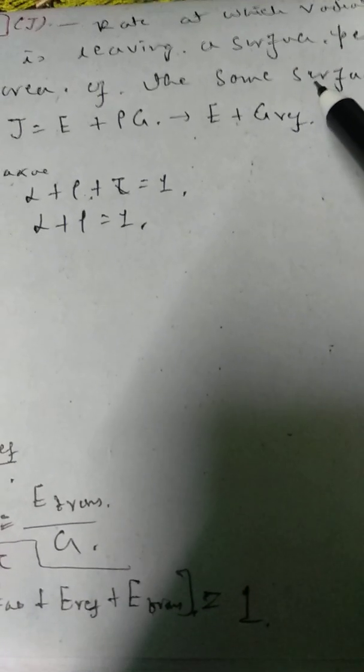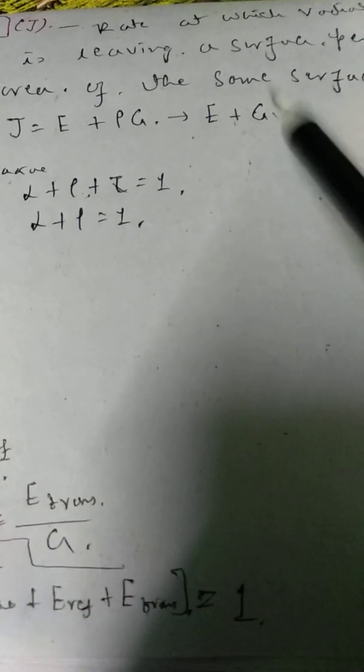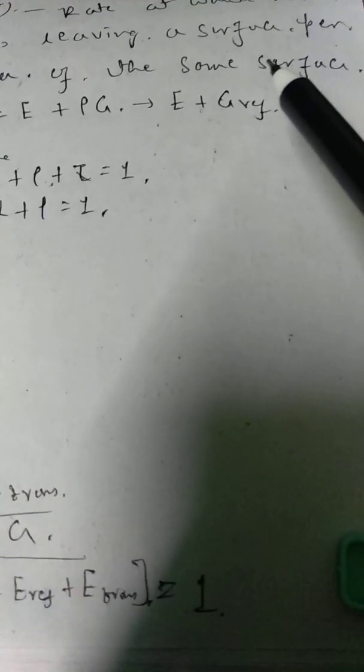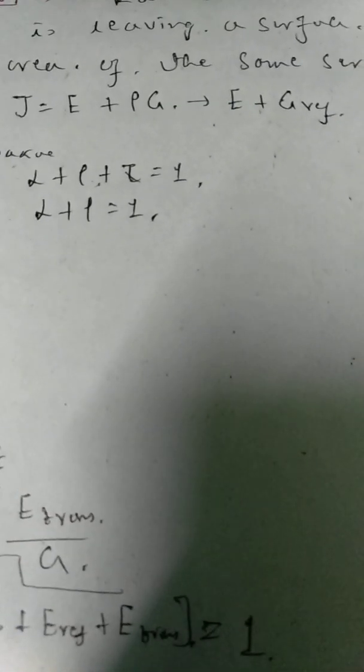So the radiation energy can leave the surface in two ways: either the energy will be emitted from the surface, in the form of emission, or it can be reflected from the surface.